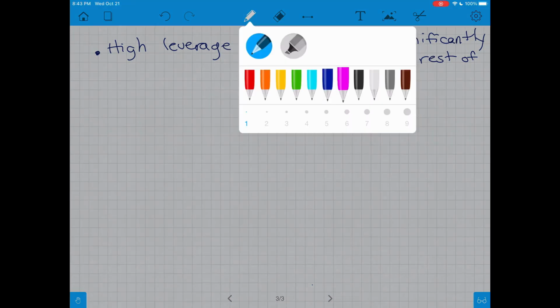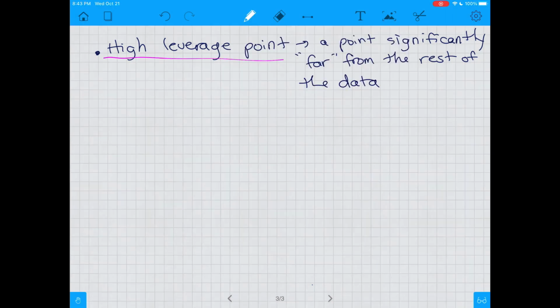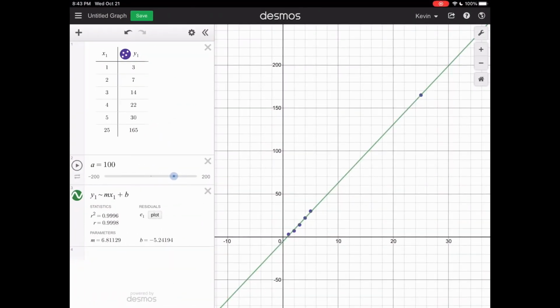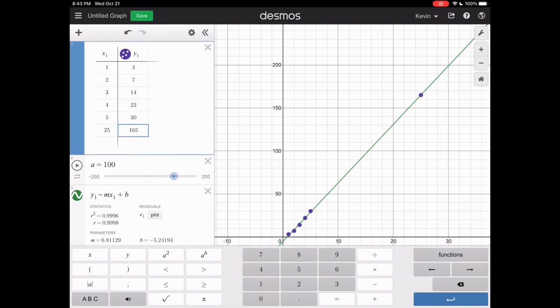Now, there's a big reason why this is called a high leverage point. And to demonstrate that, I have this little Desmos thing here that we can take a look at. You can see in this table I've got x values 1 through 5, some random y values, and then this point up here at 25, 165.